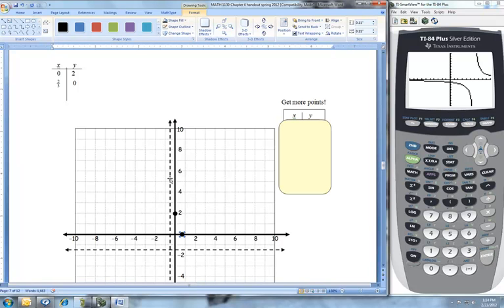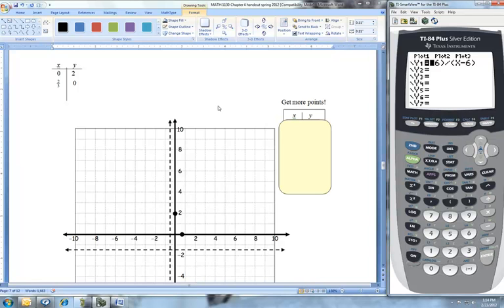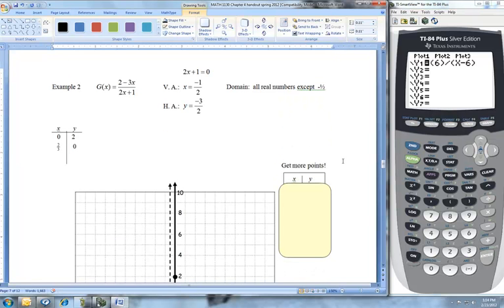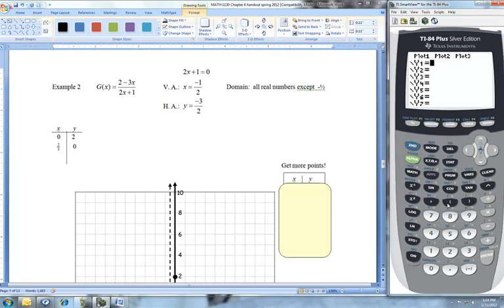I have an idea here that this one's going to be coming down this way. So let's see, let me go back to y equals, and I can't see that. So I've got 2 minus 3x divided by 2x plus 1. Okay, so second graph for my table.